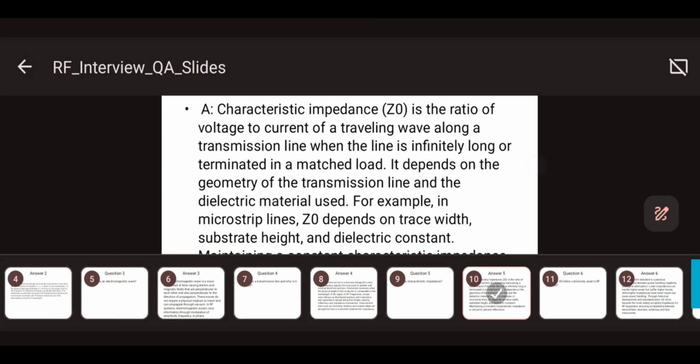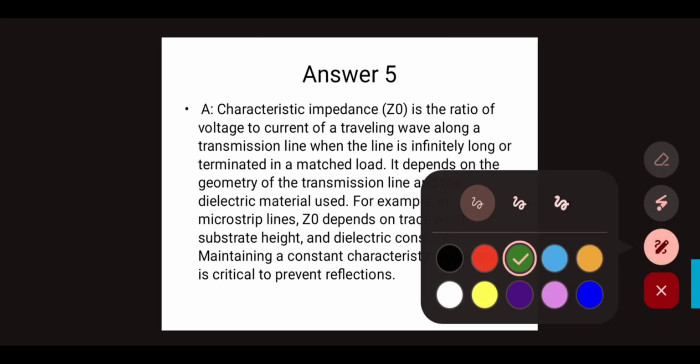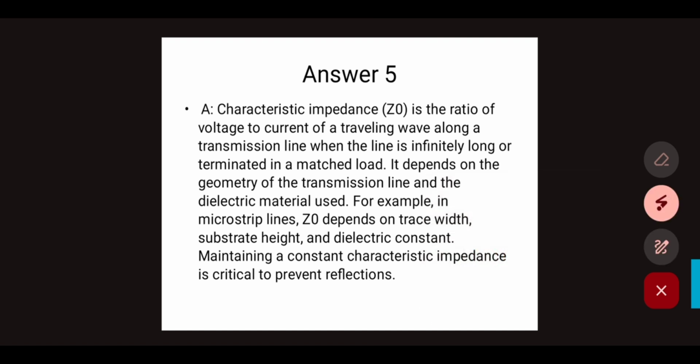So characteristic impedance is the ratio of voltage to current of a traveling wave along a transmission line which is infinitely long, or terminated in a matched load. Why is it so? Because we do not need any reflection. If it is unmatched, there will be some reflection, so that is why matched load is mentioned. It depends on the geometry of the transmission line and the dielectric material.